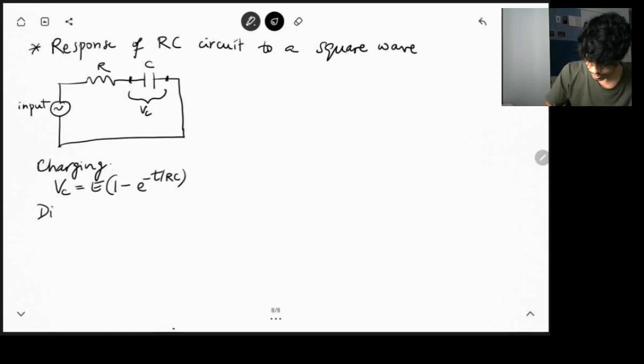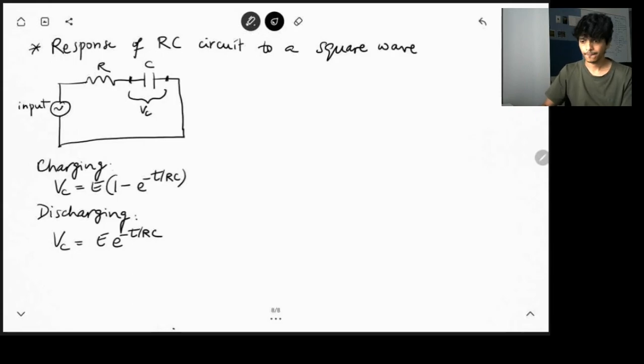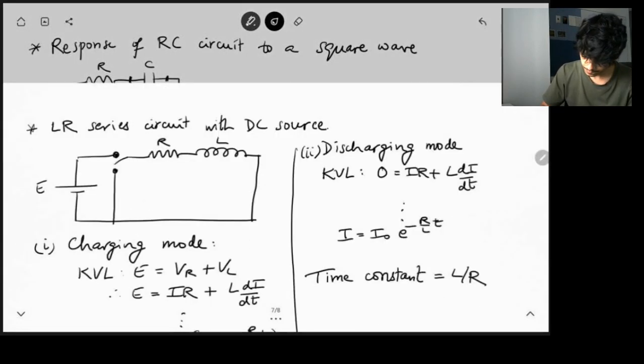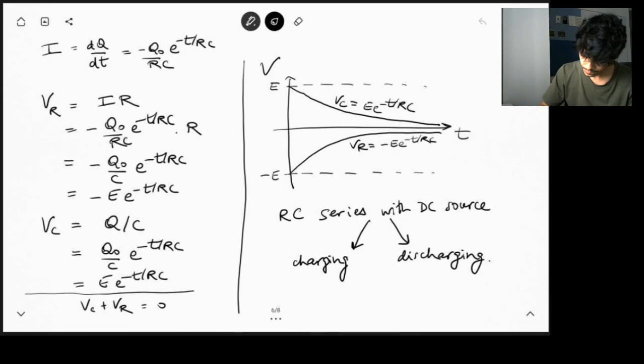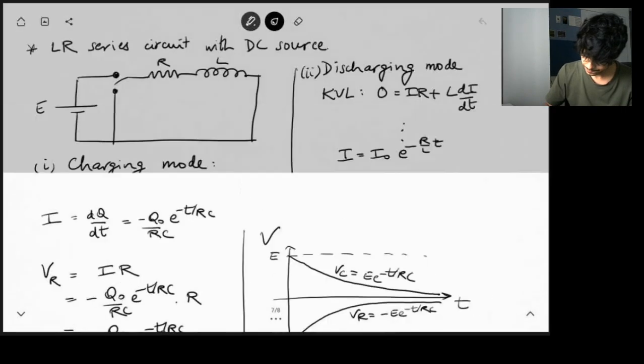And in the discharging mode, it is this, right?